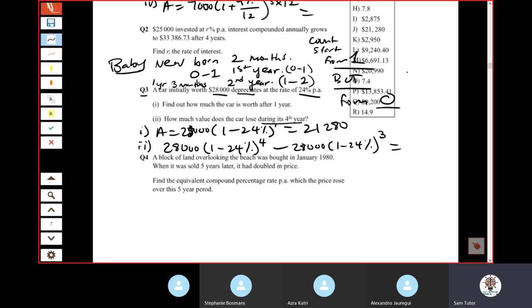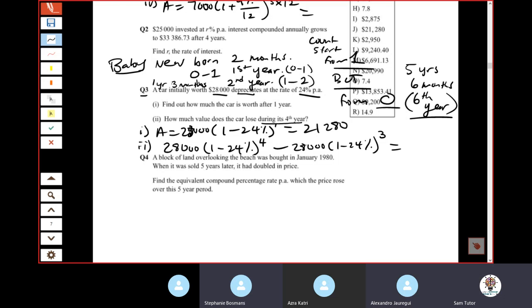So if I'm 5 years and 6 months, technically I'm in my 6th year. Is that clear now? Yeah. So like, Alex, pretty much if it's during your 4th year, that means you're going from your 3rd year to your 4th year. That's the logic there.